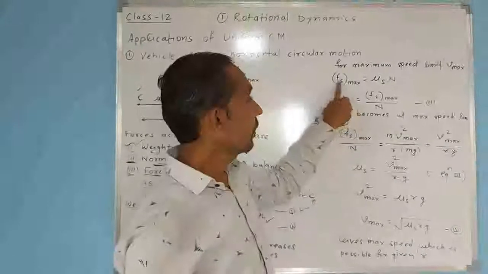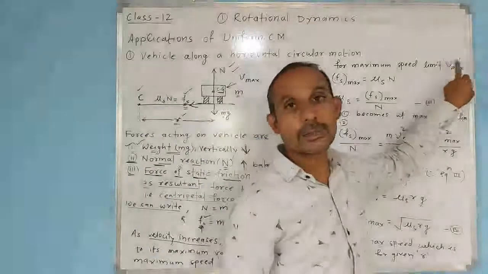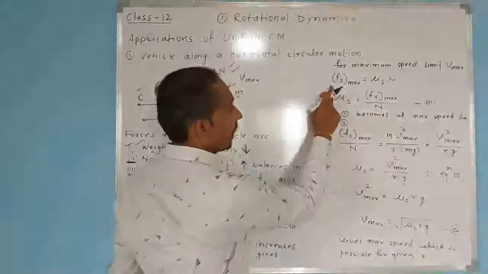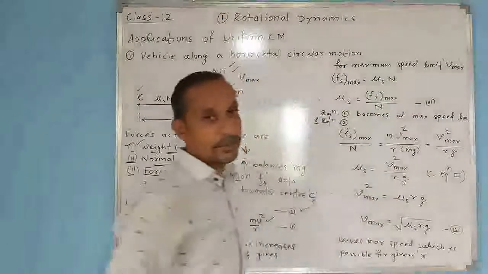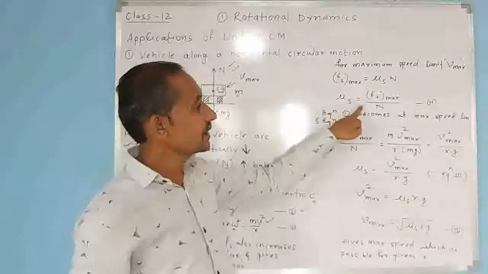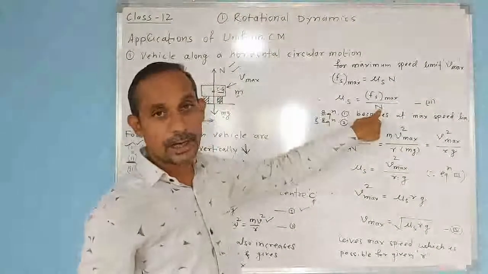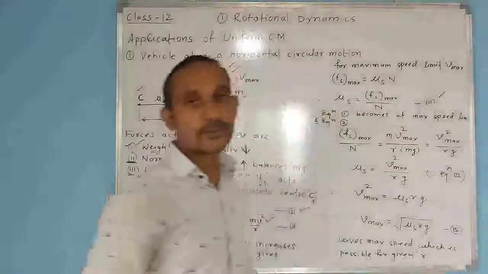So when the force is maximum, we get the corresponding maximum speed limit. So Fs maximum equals mu s N. Then arranging, mu s is equal to Fs maximum divided by N. This is equation number 3.